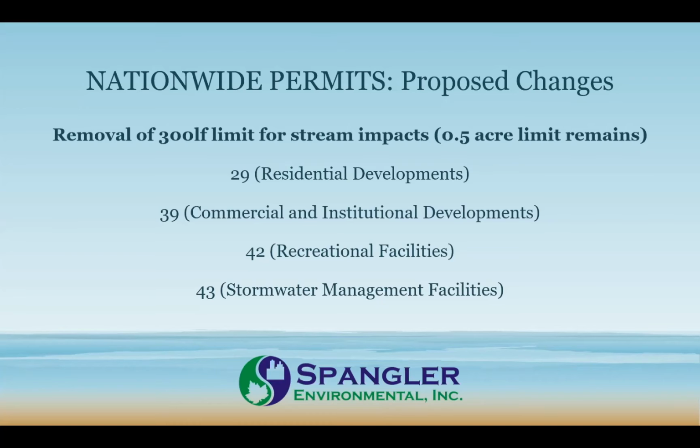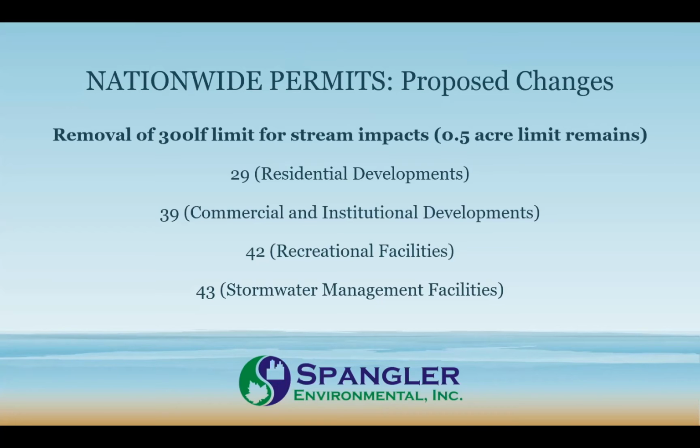One of the most significant ones, in my opinion, was the removal of the 300 linear foot impact limit for streams. The half-acre limit still remains as a sum of all impacts to waters of the United States, but as we'll see in a subsequent slide, stream impacts, as proposed anyway, are now to be calculated on a unit area basis rather than a linear foot basis.